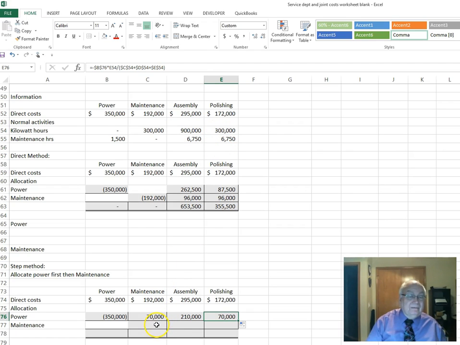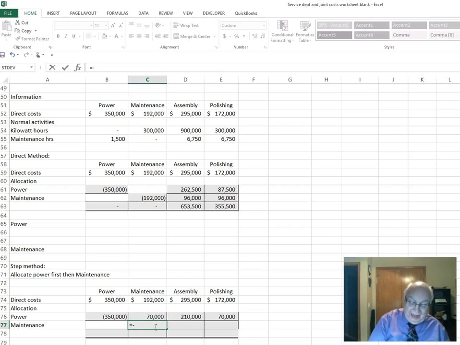Okay. Now on this one, we need to allocate the total here, the 192 plus the 70. So we want to allocate 262,000. And again, we'll take the 262,000 and F4 times, I put a negative in front of that. And it's maintenance. This is the maintenance department.